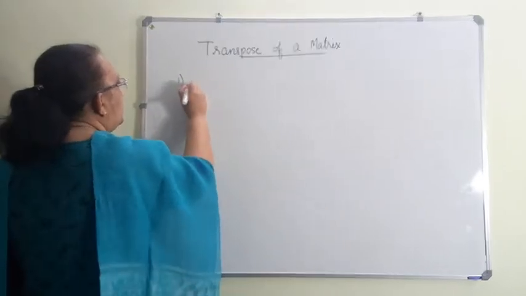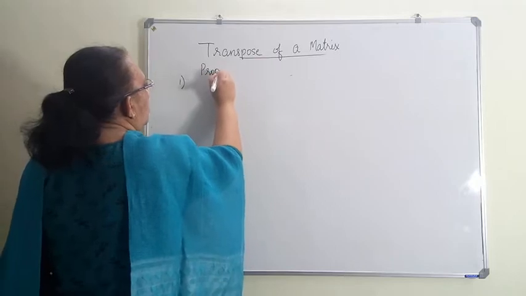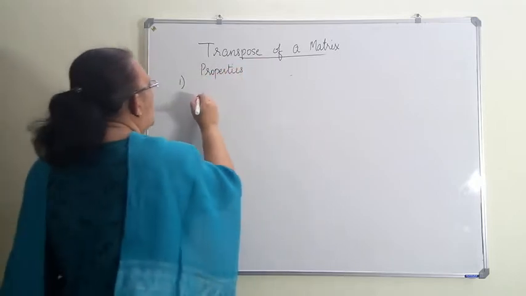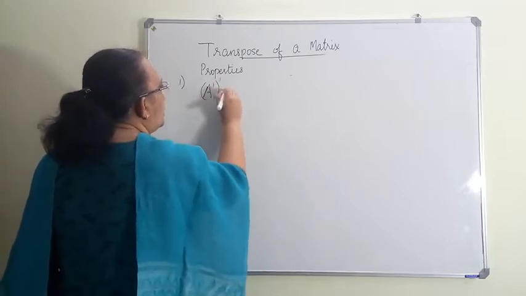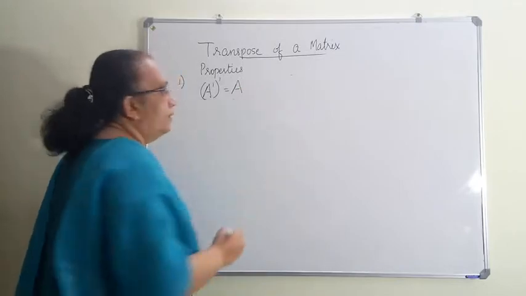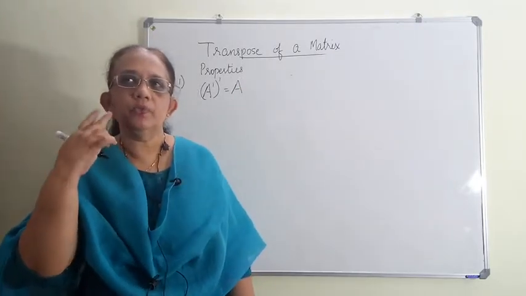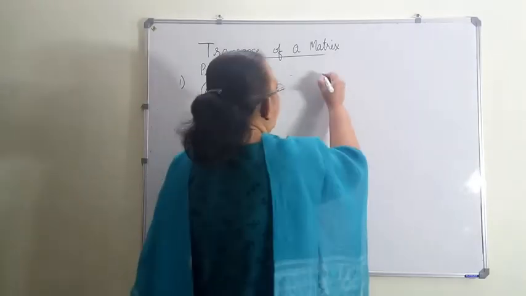First property. What is the first property? A transpose, the whole transpose is equal to A. That is, if you do the transpose twice, you get the same matrix. Let us take a simple example.